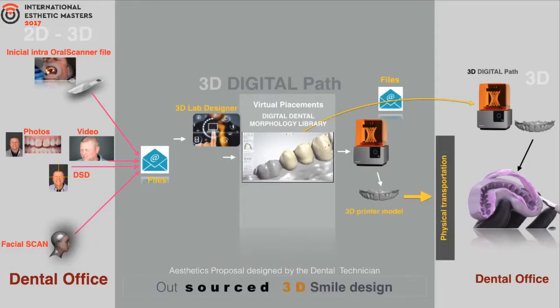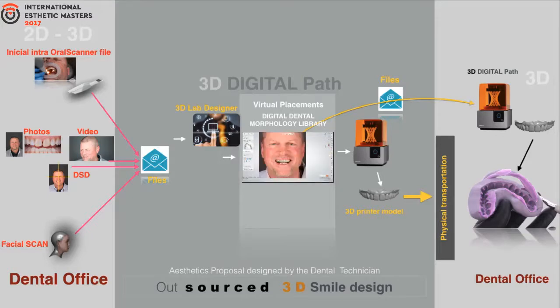The only difference is that the other is digital. The technician can also choose a distinct form and structure for a central incisor, lateral, canine, etc., just as we do in the chairside smile design workflow.